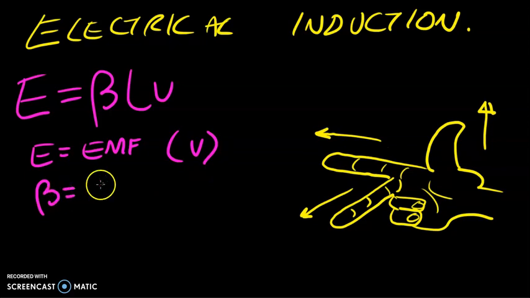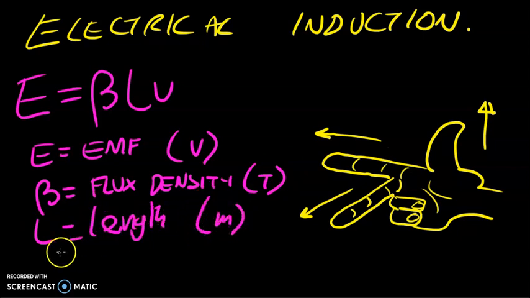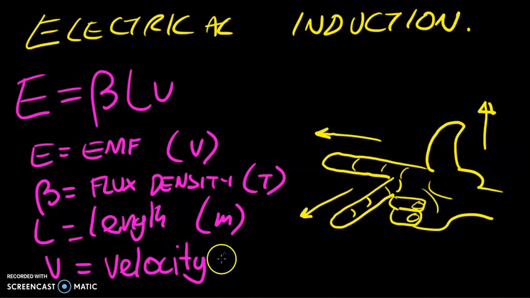B, or beta, is our flux density in Tesla. L is the length of the conductor in meters. And V is velocity, the speed at which the coil moves through the magnetic field, in meters per second.